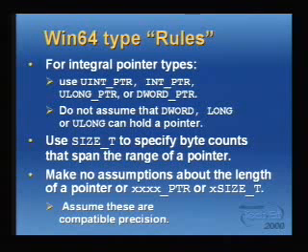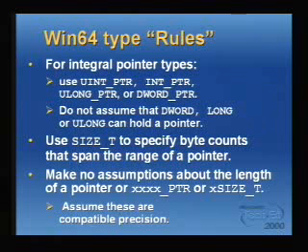Size T is a type you need to use to specify the size of things that come back with a pointer pointing to them. There's a lot of sloppy code out there that doesn't use size T, and instead uses int for the size of what you just allocated. However, the size of what you just allocated could now be larger than 2 gigabytes.